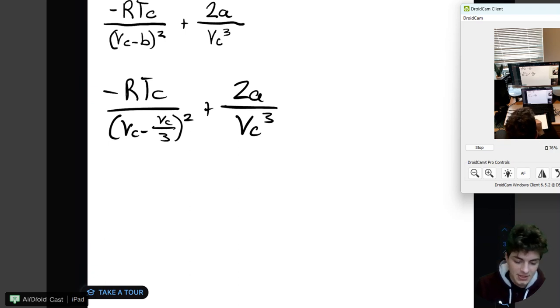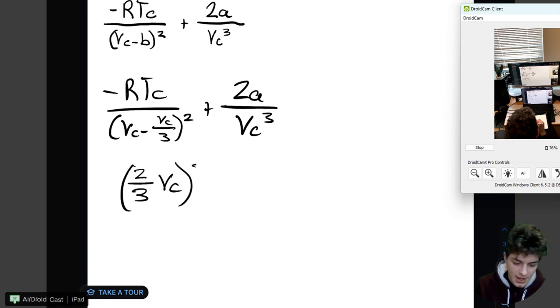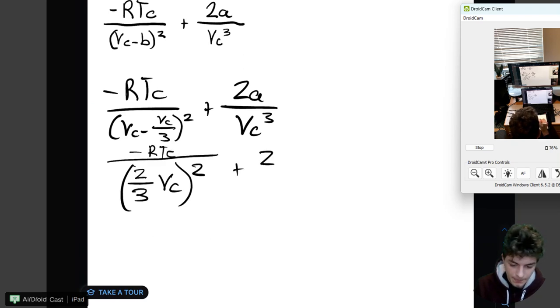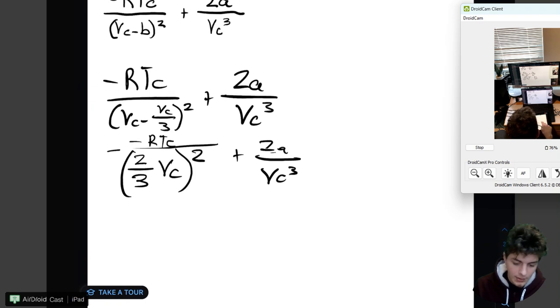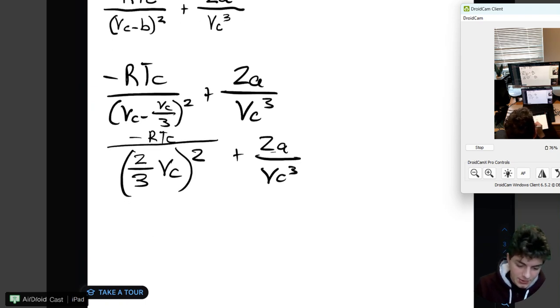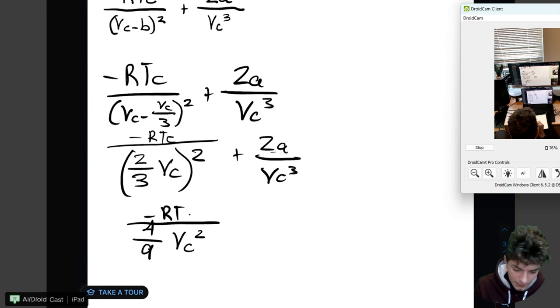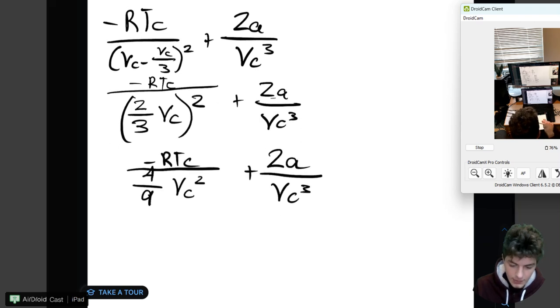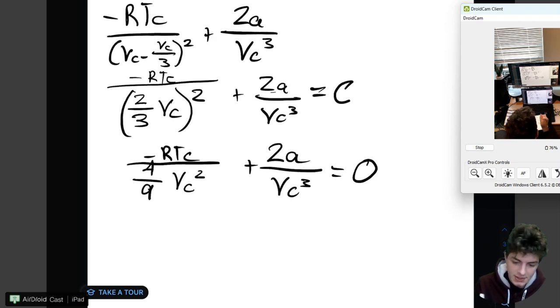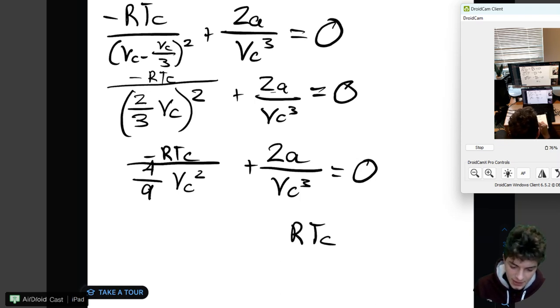VC minus VC over 3 is going to be 2/3 VC. Square that, and this will be on top here. When that is squared, it should come out to 4/9 VC squared. Remember, this is still equal to 0 here, I should note. Let's move that to the other side of the equation.